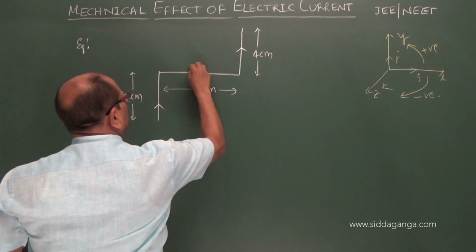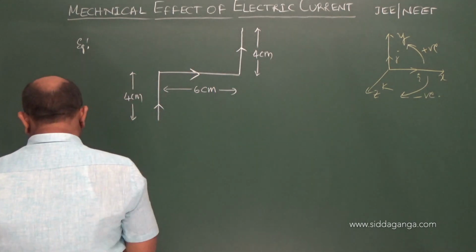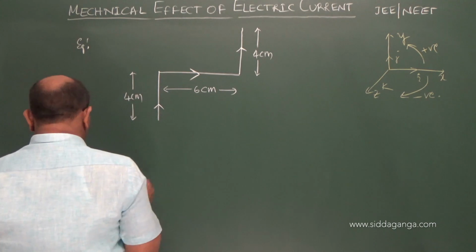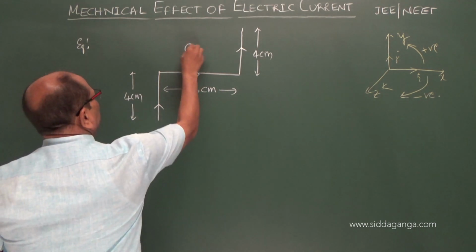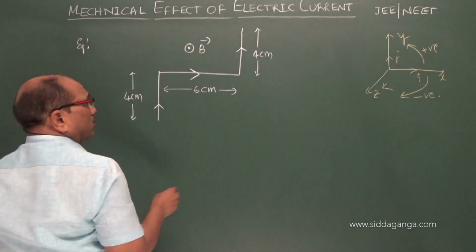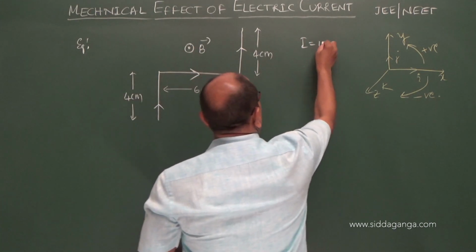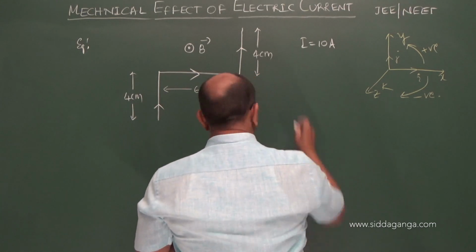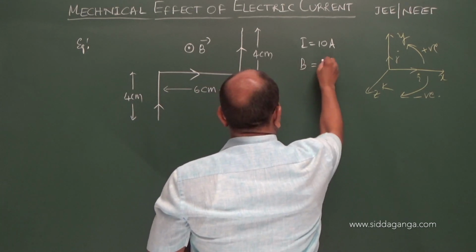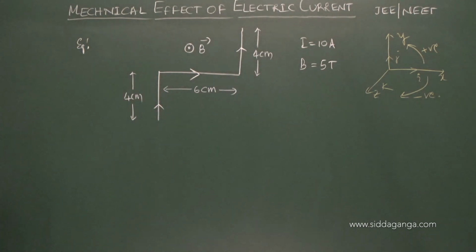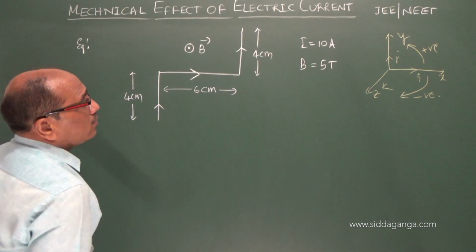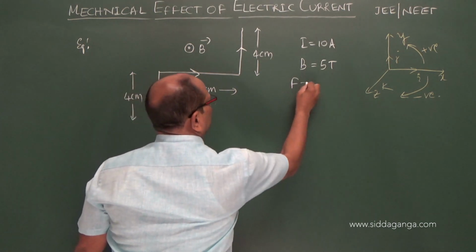Current is flowing in this order. They ask about the magnetic field acting, and further it is given that the current in the wire is 10 ampere and field strength is 5 tesla. Find the force in the wire.